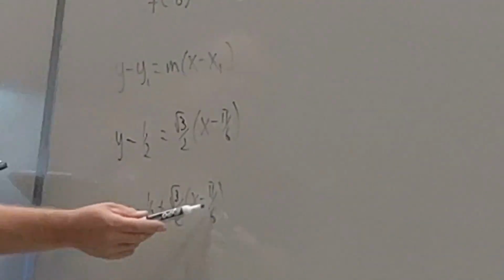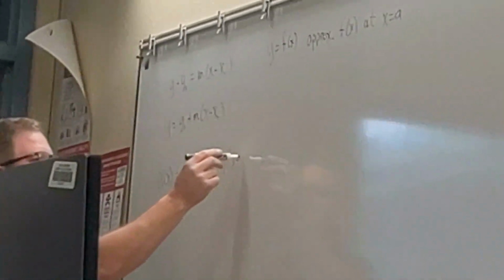F prime of pi over 6 is like the square root 3 over 2 over there. Then we had x minus pi over 6 inside here. Pi over 6 is the value we're evaluating at, so it would be x minus a inside there.